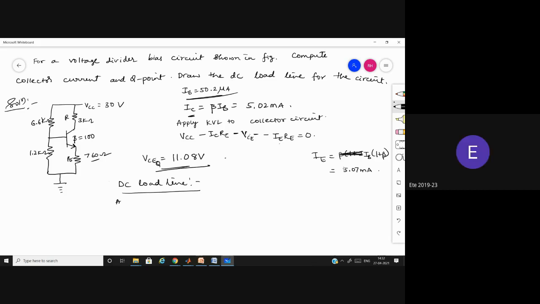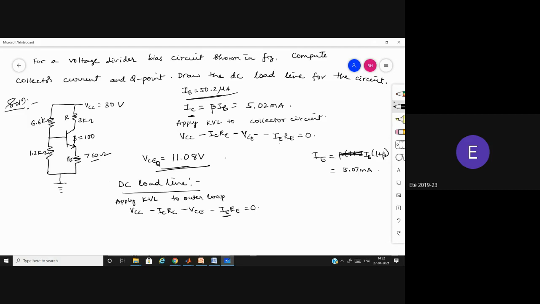So we apply the KVL to the outer loop, and we get the same equation: VCC minus IC RC minus VCE minus IE RE is equal to 0.